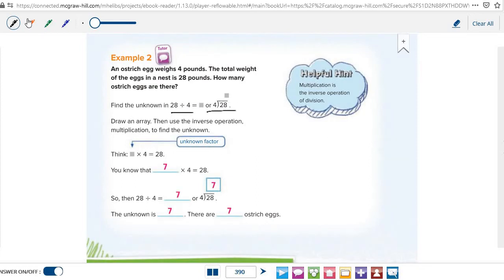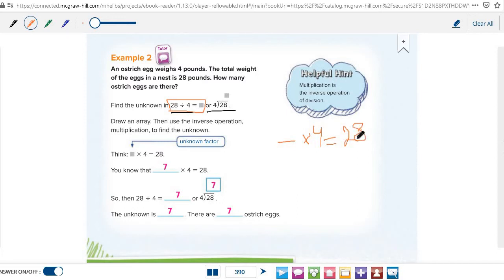We can find the unknown using a related multiplication sentence. You know that multiplication is the inverse operation of division. So, since the division sentence is 28 divided by 4 equals the unknown, we know that the multiplication sentence is something multiplied by 4 equals 28.